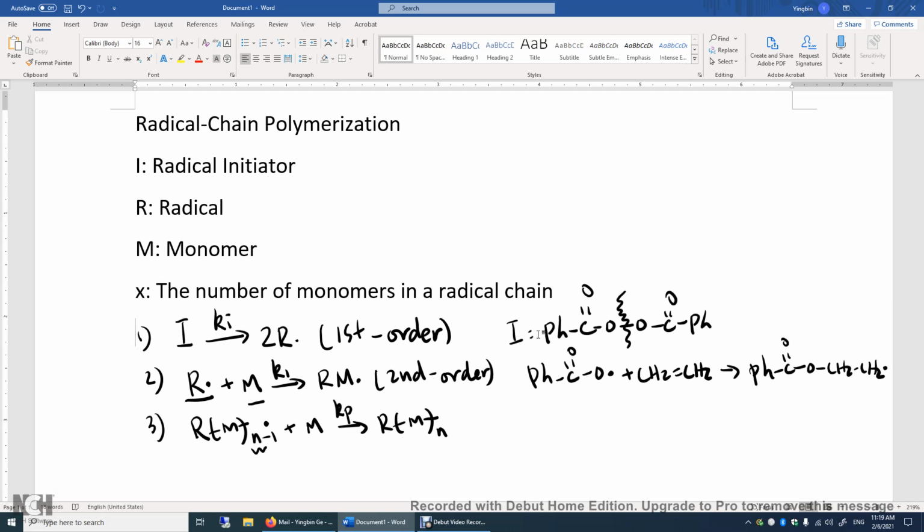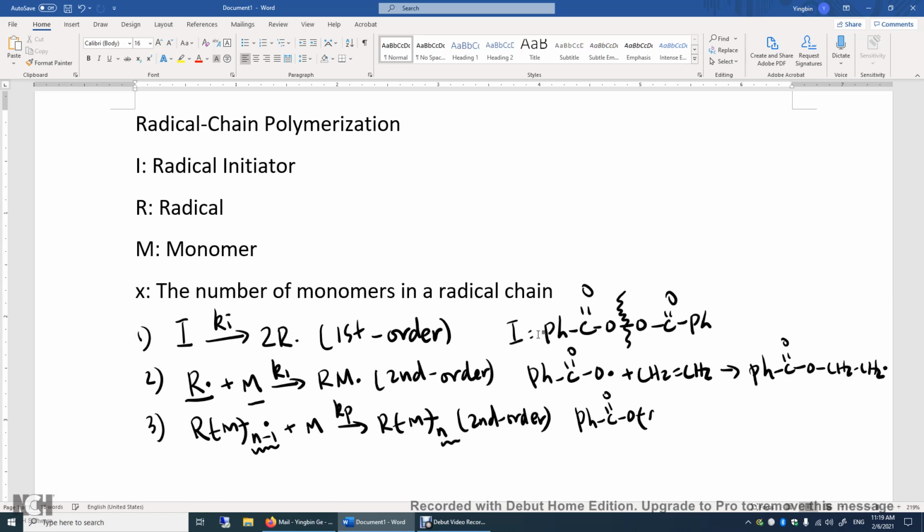So over here we have M minus 1 monomers. Here we have M monomers. This is also a second order reaction. Again, you can just determine this by looking at the coefficient in front of the radical and that in front of the monomer.